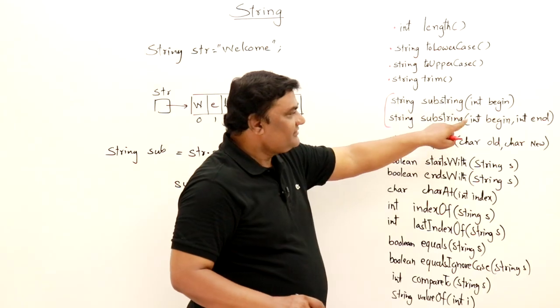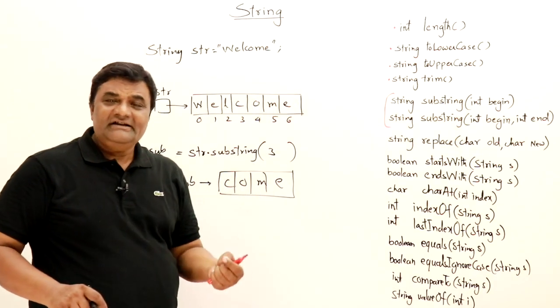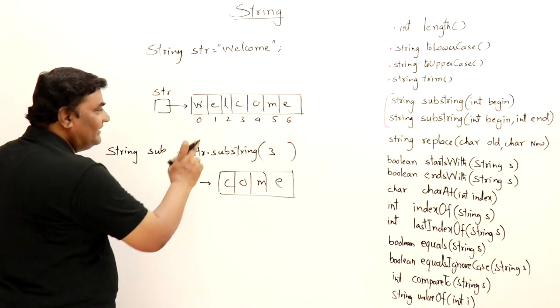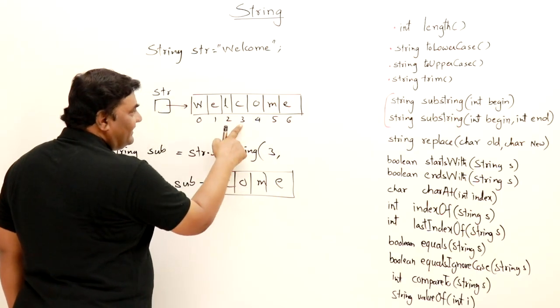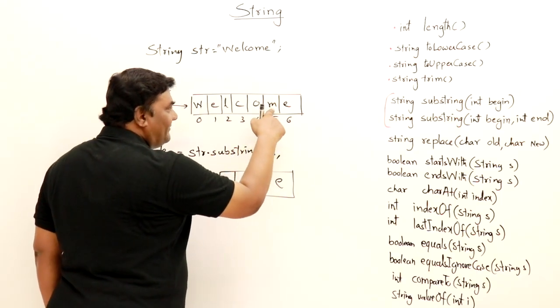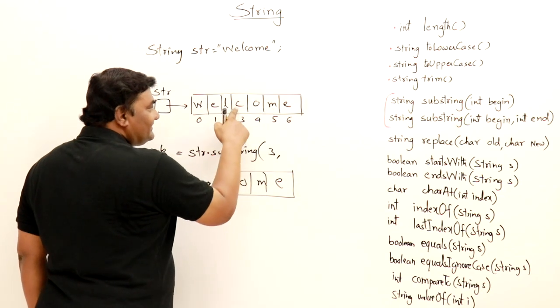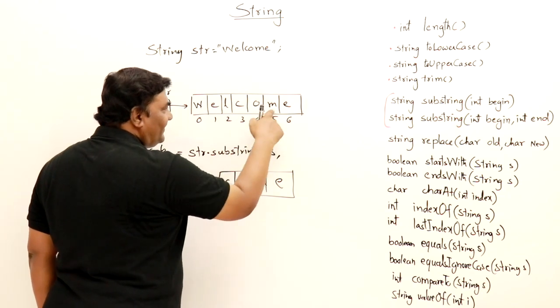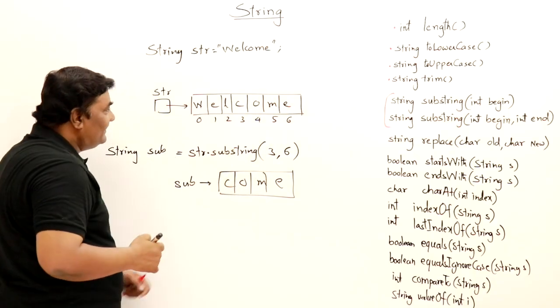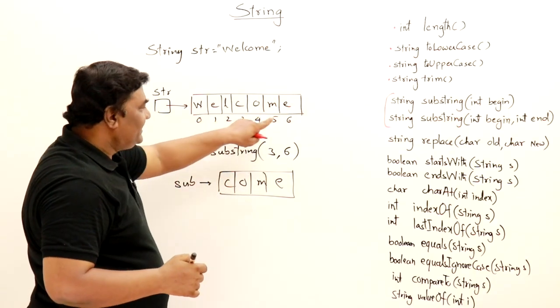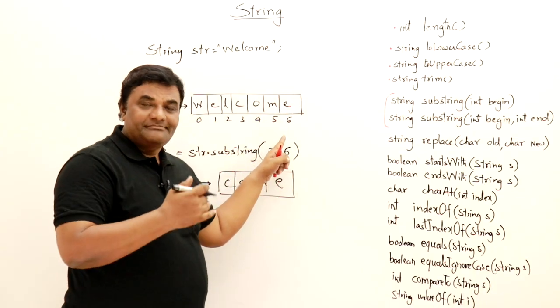Then there is one more version. You can give the beginning index and ending index. So here I'll give the starting index as 3. I will modify the same thing. Then I want up to M, right? COM, 3 to 5. So I should give 6. I should not give 5, I should give 6. So it will start from 3, but it will stop at ending index minus 1.